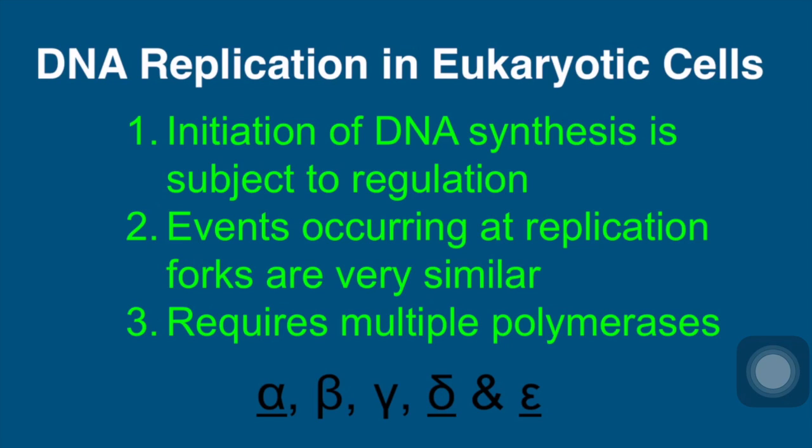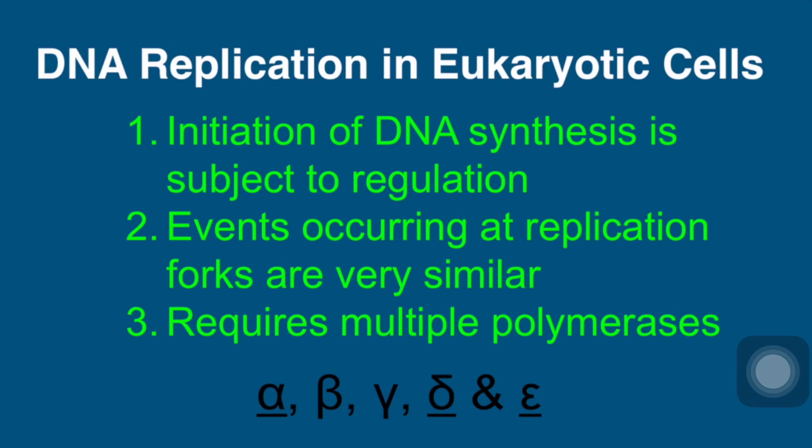Second, activities that occur in replication forks are similar in all cells. And third, there are 5 DNA polymerases isolated from eukaryotic cells. They are designated as alpha, beta, gamma, delta, and epsilon.